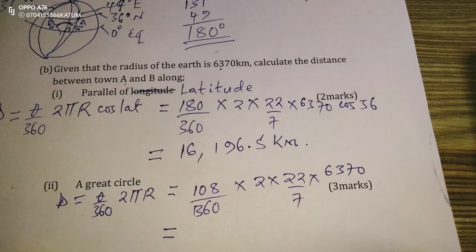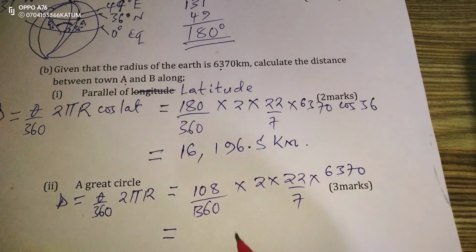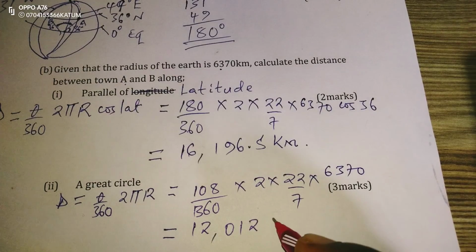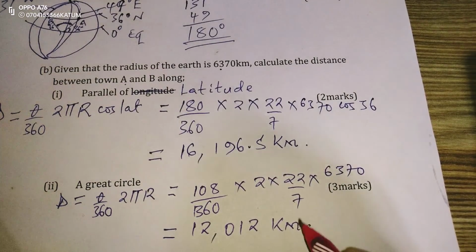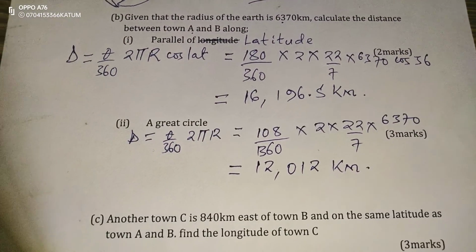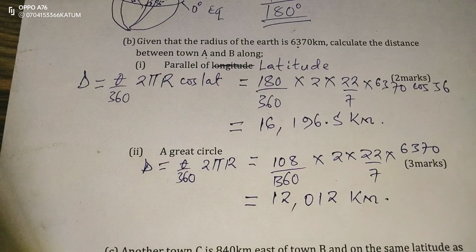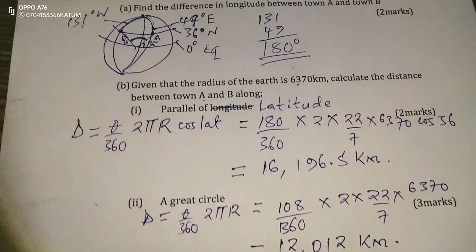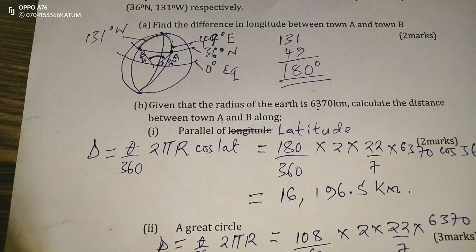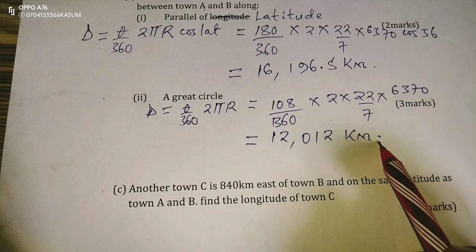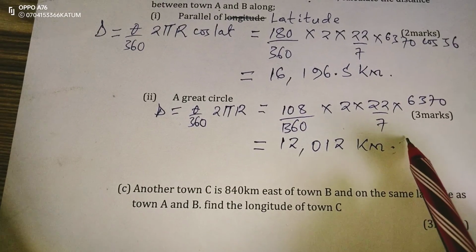Then we divide by 360 multiplied by 7. This will give us 12,012 kilometers. That is the distance along the great circle. It should be noted that the distance along a great circle for two places on supplementary longitudes is the distance along the poles.